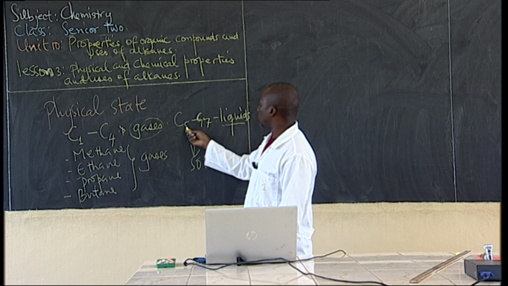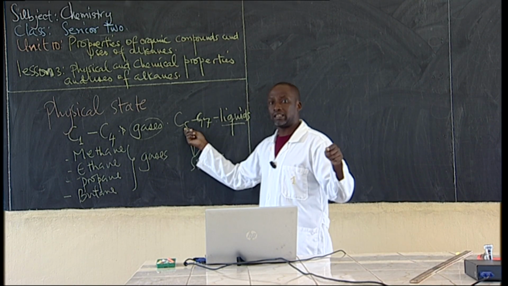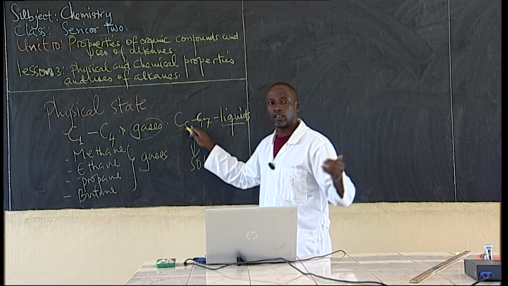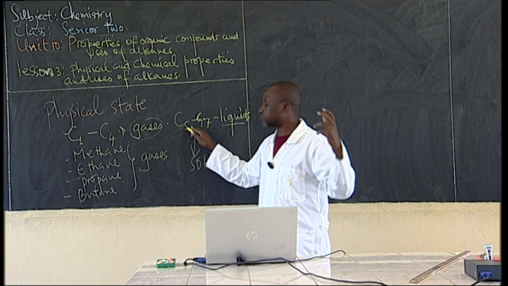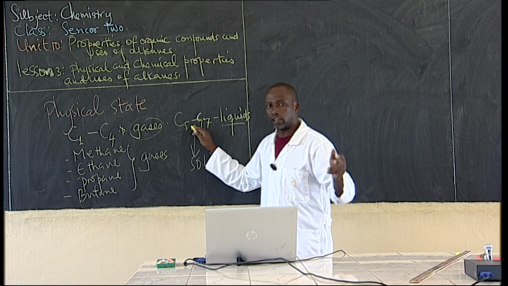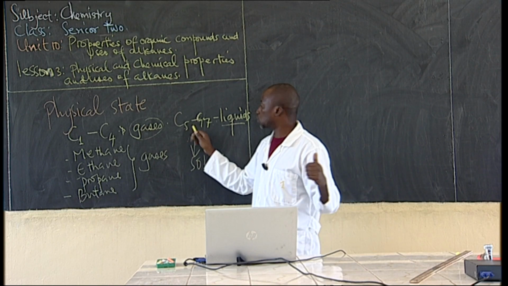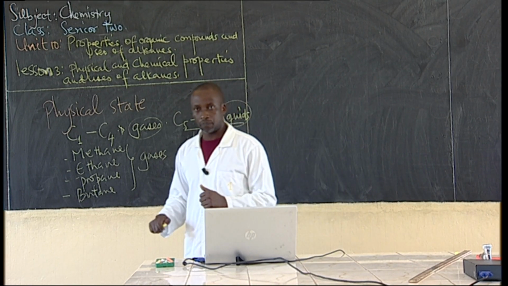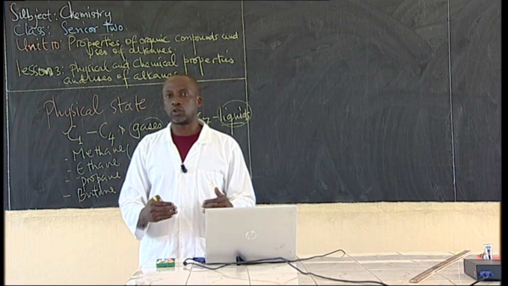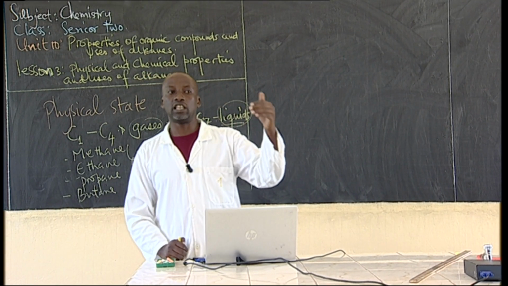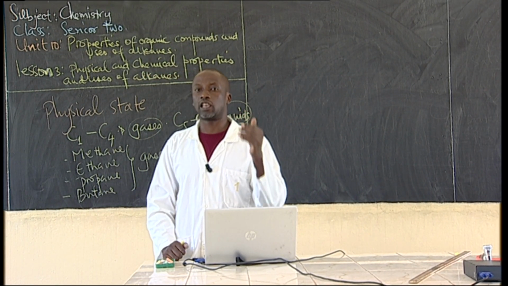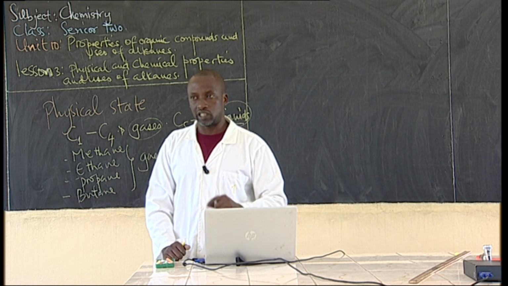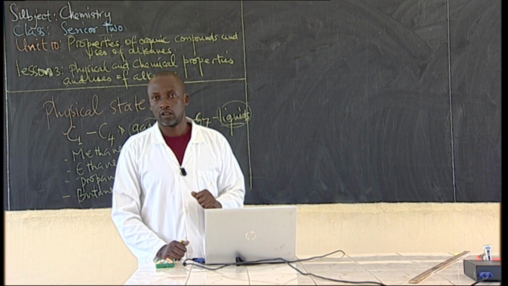Where we said carbon number 5, that is pentane, we have hexane, we have octane, we have nonane, we have decane, those ones will exist as liquids at room temperature. The rest of the compounds beyond 17, we are saying they are solids at room temperature.